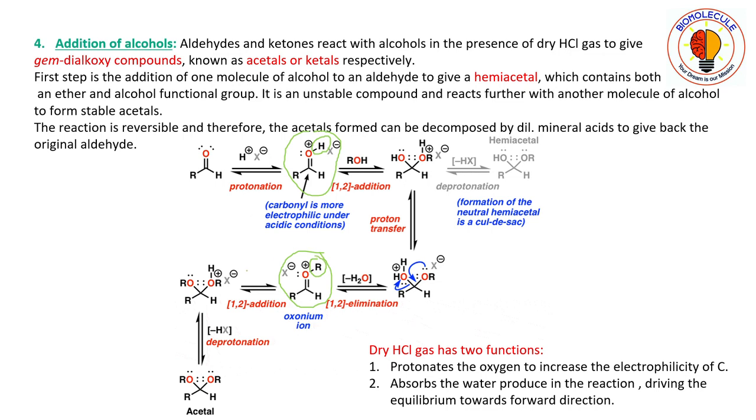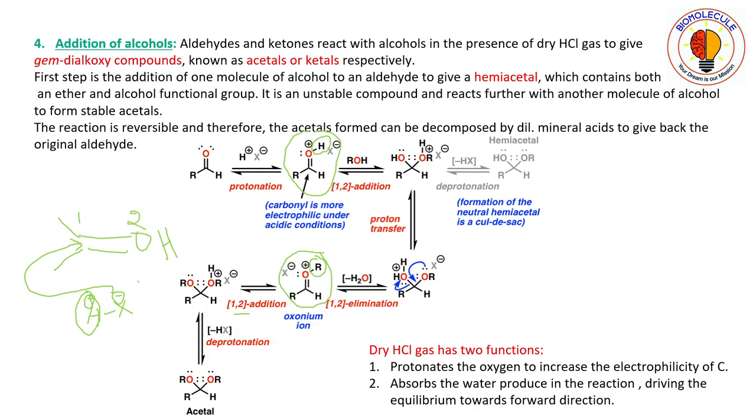So it will undergo again 1,2 addition. 1,2 addition means, if you are giving H and X, this X minus and this H plus, so one is attacking this first center, and the other one is getting added to this oxygen, that is the second center.